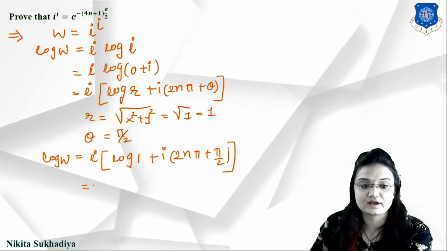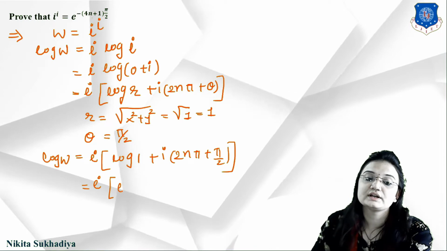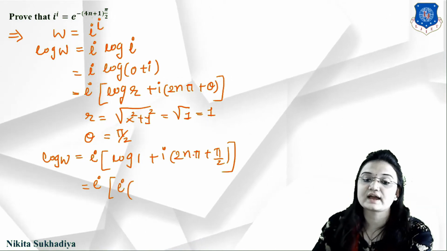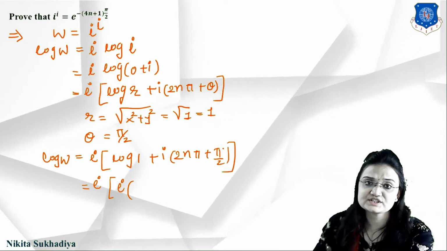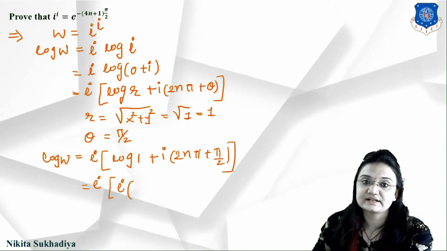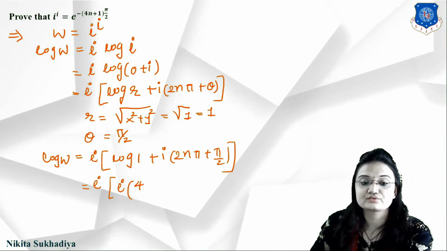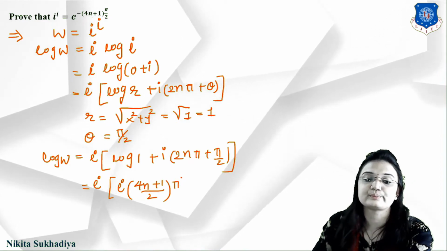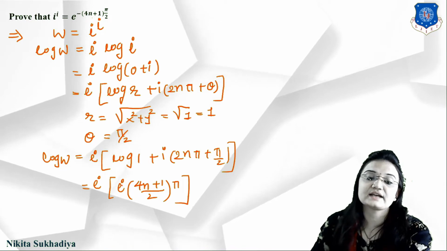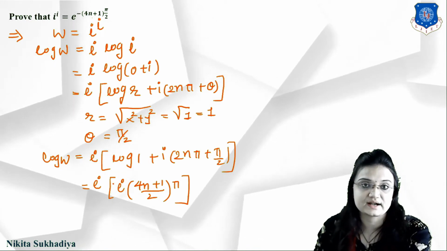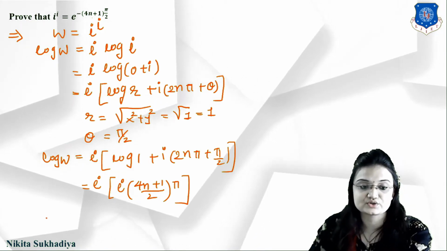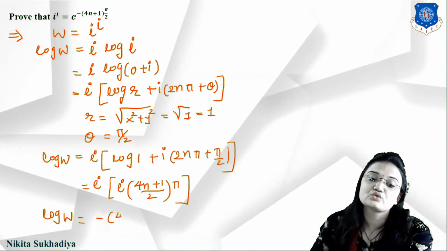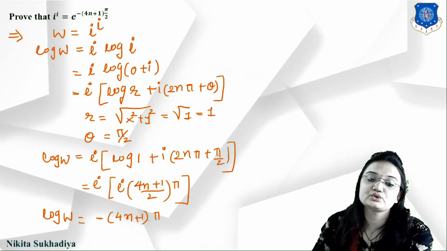So here we have only i into i, and by taking LCM, this will become (4n + 1)π/2, taking π common. Now this i into i is i squared, and i squared is minus 1. So log w is equal to minus (4n + 1)π/2.